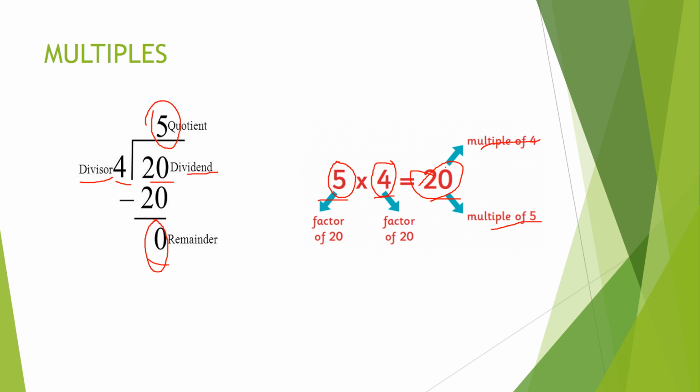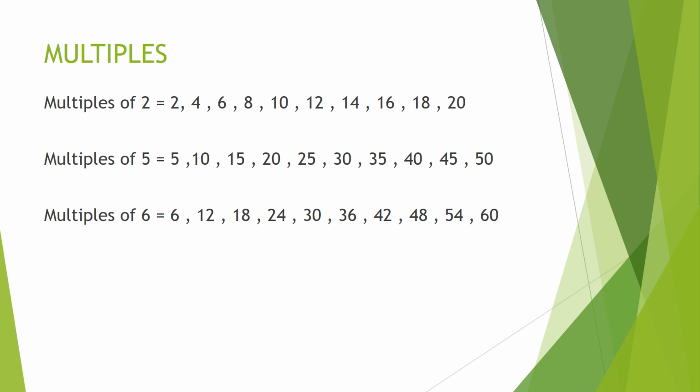So that means two things we have learned here. I have written the multiples of 2: 2, 4, 6, 8, 10, 12, 14, 16, 18 and 20. Doesn't it look like the table of 2? So this means that all these numbers, 2, 4, 6, 8, 10, 12, 14, 16, 18, 20, are the multiples of 2.